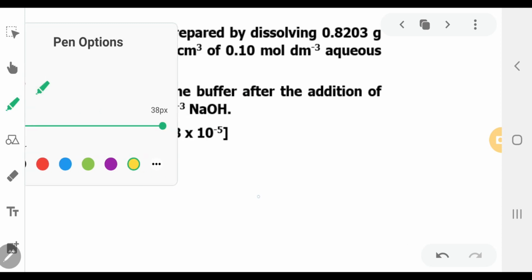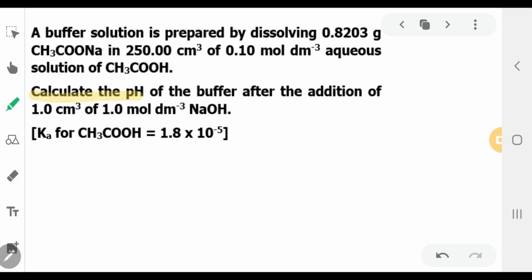The question wants to find the pH of the buffer. So we're going to use Henderson-Hasselbalch, but before we go to that part, there are a few steps that we need to do before we can reach the Henderson-Hasselbalch equation, just like what we have done for the addition of a small amount of acid.